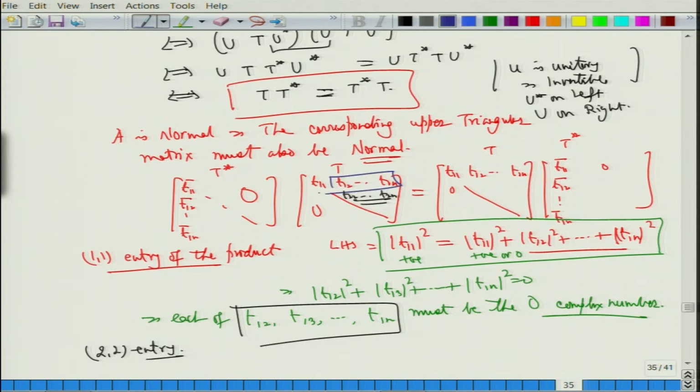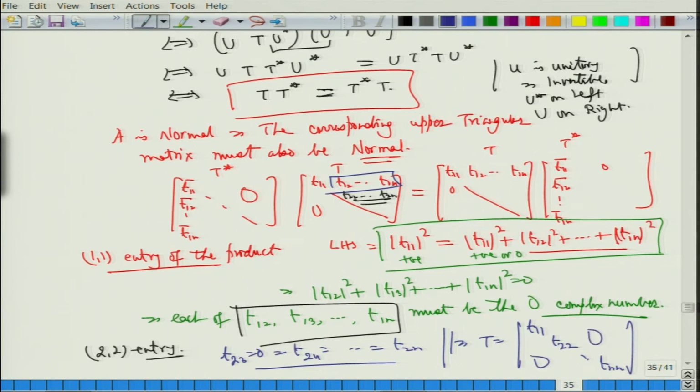At the next stage, this will imply that T23 is equal to T24 is equal to T2n is equal to 0. So what we see is that the matrix T basically looks like T11, T22, Tnn, and the rest of the entries are 0.